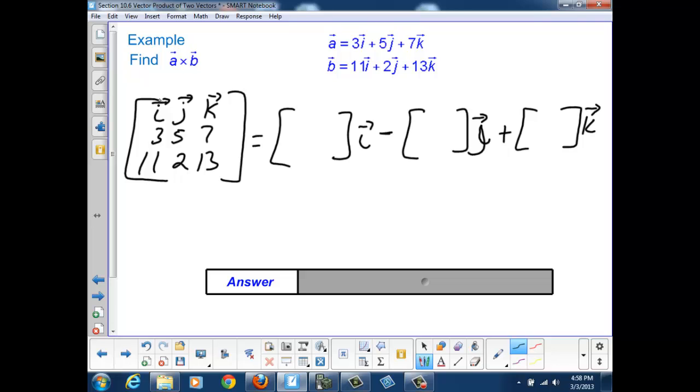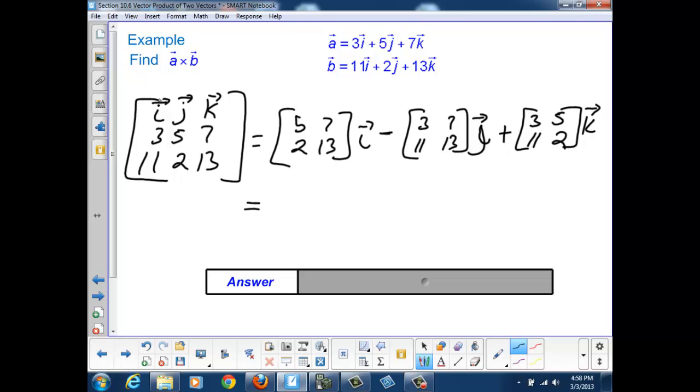So now I organize my information. For i, if I eliminate the row and column for i, I get 5, 7, 2, and 13. For j, I get 3, 7, 11, and 13. And for k, I get 3, 5, 11, and 2. Now we calculate the determinants.